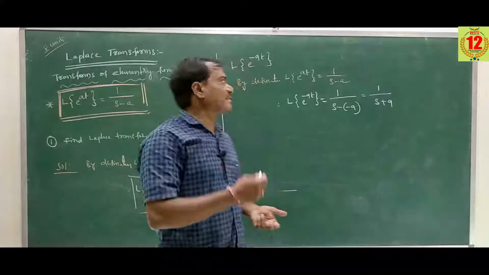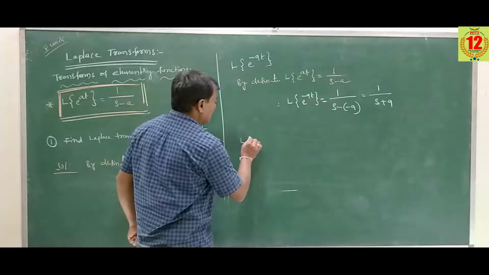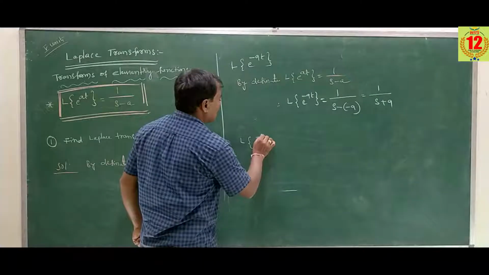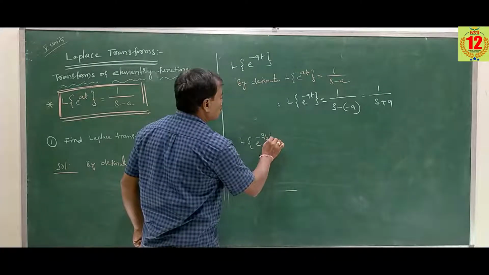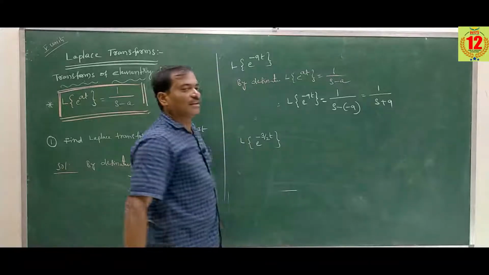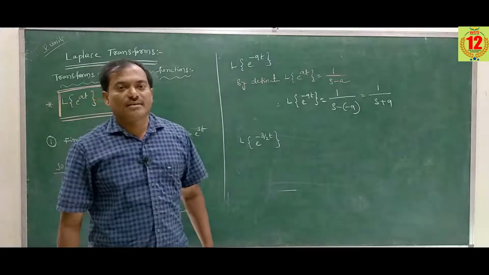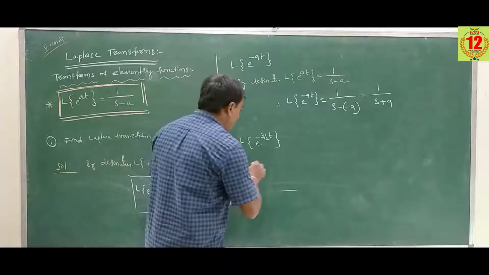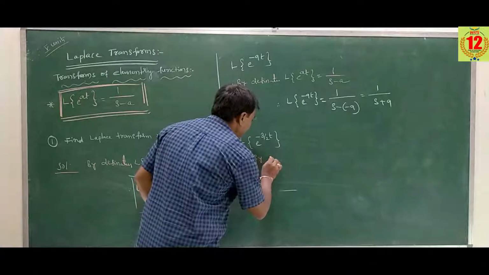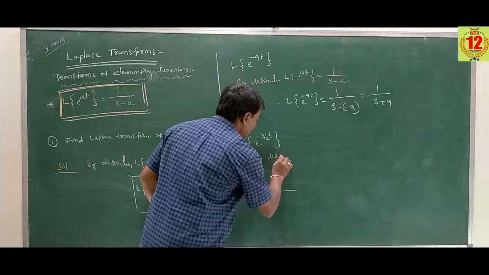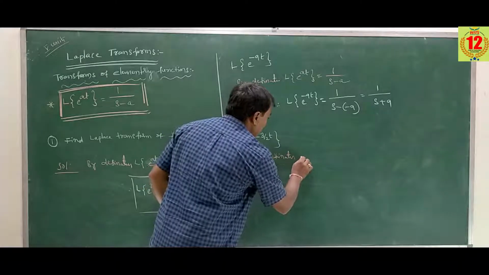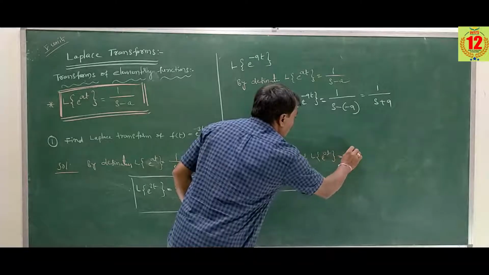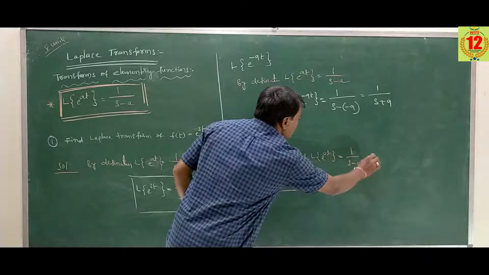We shall take one more example. Find the Laplace transform of e power minus 3 by 2 t. What is a here? a equal to minus 3 by 2. So by the definition of Laplace transform, Laplace transform of e power at equal to 1 by s minus a.